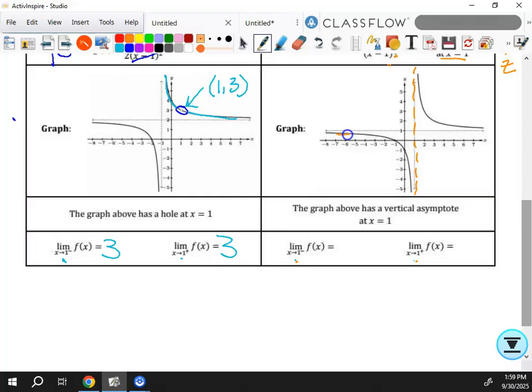I'm going to start heading towards it, but then I just have to hug it, either going to negative infinity or to infinity. So as I approach 1 from the left, my limit is negative infinity. As I approach 1 from the right, it's infinity. Okay? Everybody okay with that? What questions do you have? Anything? Nope. All right, let's flip it over.